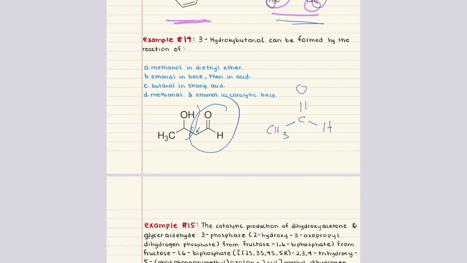Then on the other side of our little cut, we're going to convert the alcohol to a carbonyl, and this carbonyl is attached to a hydrogen on the right side. So when we draw this properly, we have our carbonyl group. It's attached to a hydrogen and to a methyl group. So again, reactant 2 looks exactly like reactant 1. We need ethanal in base, then in acid, for us to form 3-hydroxybutanal. So 14 is B.